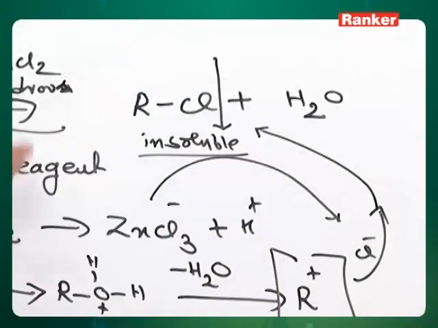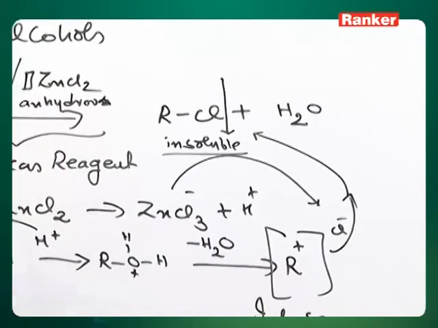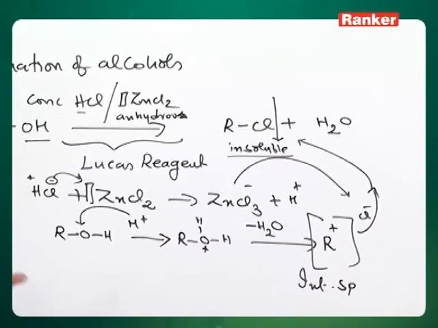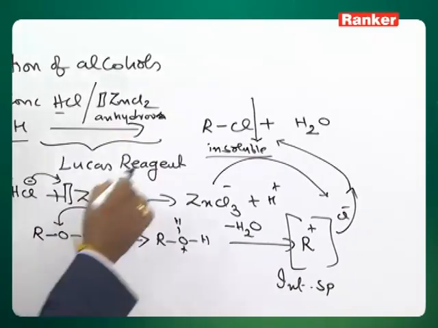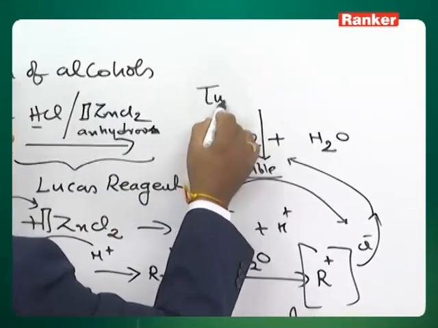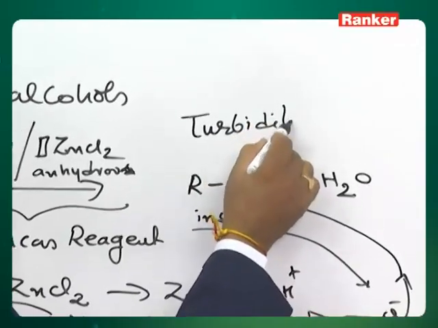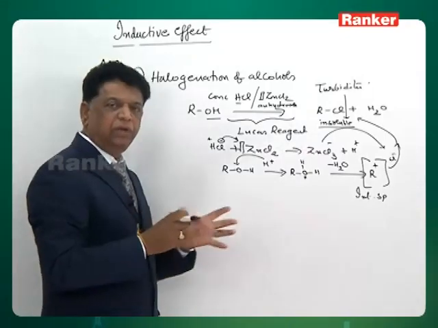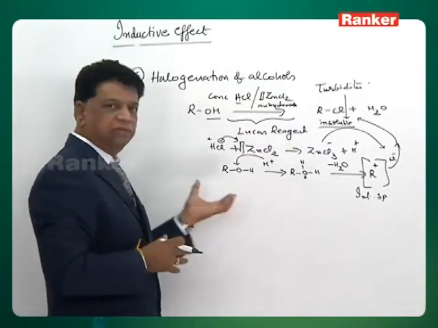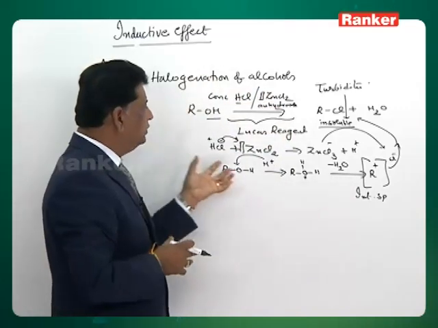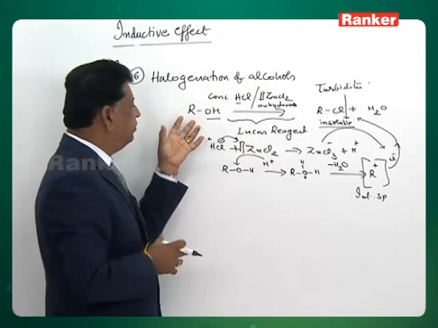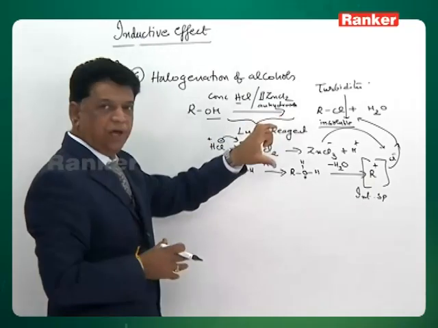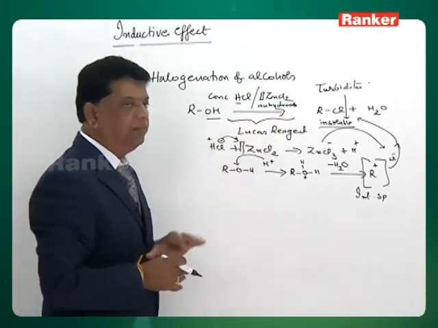The other liquid medium is aqueous, in which the organic compound is not soluble, so it comes out as a suspension, or turbidity, is the terminology used here. Zinc chloride, HCl and ROH are all soluble in one aqueous layer. When RCl is formed, it is insoluble, therefore you get turbidity.